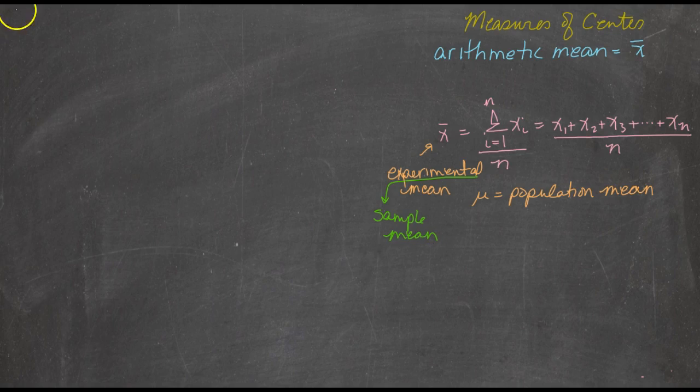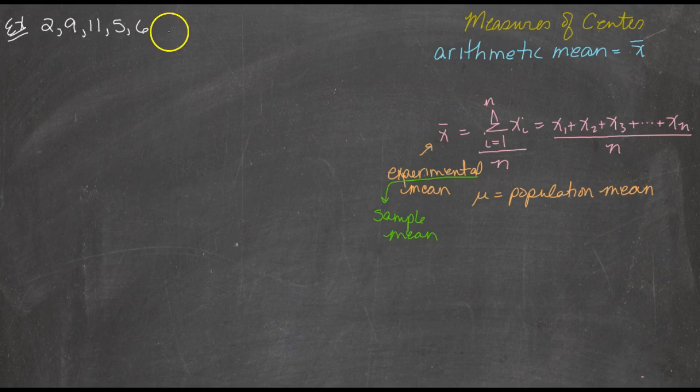All right, so let's do an example. Let's say we've run an experiment and our measurements are 2, 9, 11, 5, and 6. We want to find the arithmetic mean, and then we're going to compare it to a dot plot and see if it makes sense.